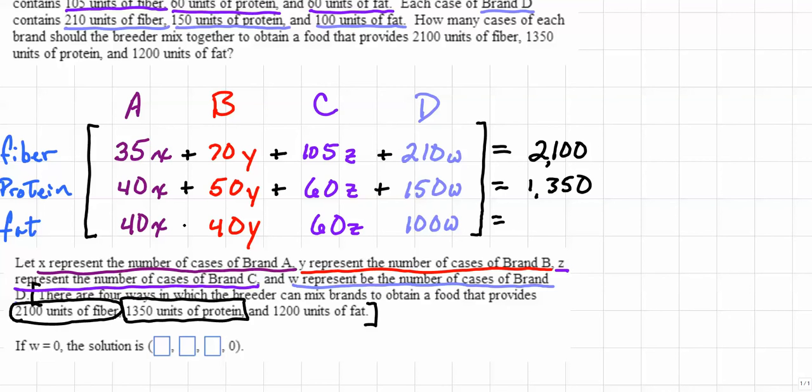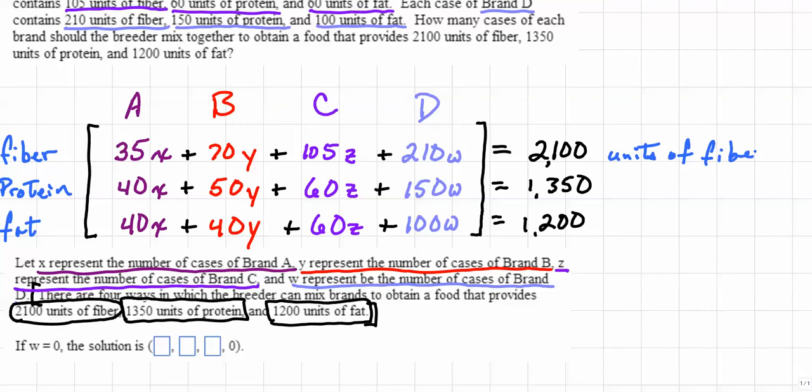And then finally, we will add these four together, and that will represent the 1,200 units of fat. And I could easily write units of fiber. I don't have to, but I will just to make sure that I'm doing this correctly. Units of protein.